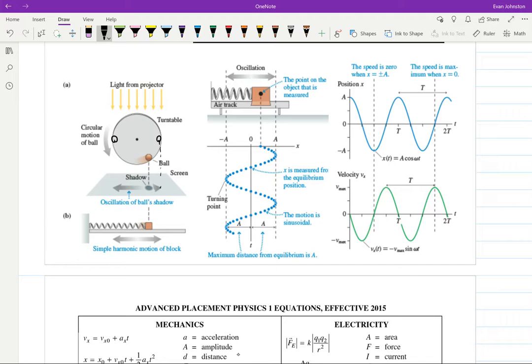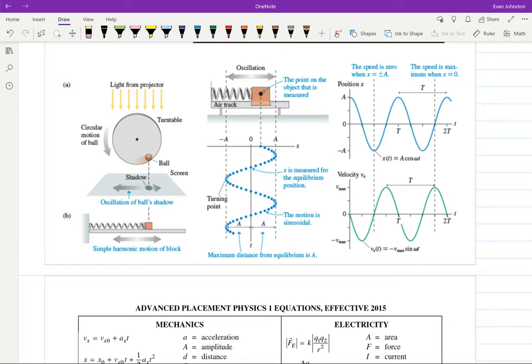Or when the ball's over here, it would be right there. And so this shadow just goes back and forth and back and forth. And the shadow itself would actually be undergoing simple harmonic motion as well, where it has some maximum amplitude and some negative amplitude, and then some equilibrium point as well.